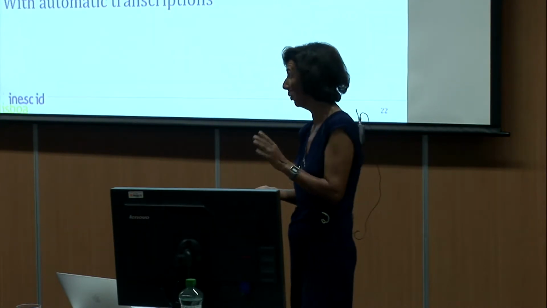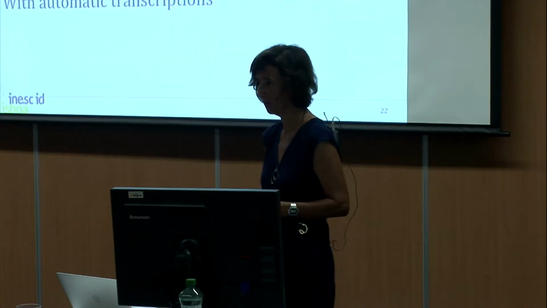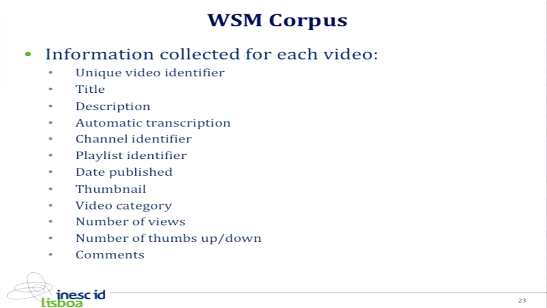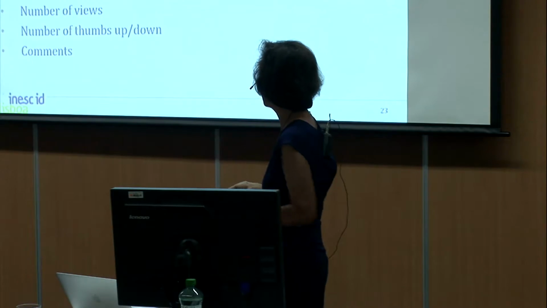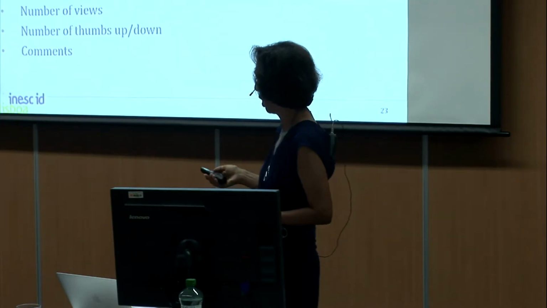We don't know if some of them were manually corrected. It didn't look like they were, but they were quite acceptable. So we collected a lot of metadata for each video, not only the title, the description, the transcription, as I said, but also channel and playlist identifiers, date published, a thumbnail, video category among a set of 12 predefined categories, number of views, number of thumbs up and down, and comments.